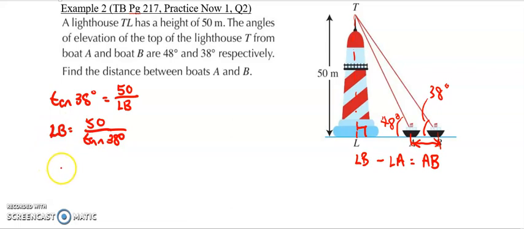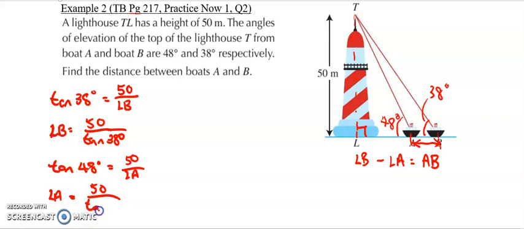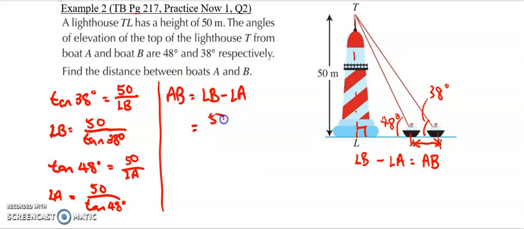For LA, tangent 48 degrees will be 50 over LA, so LA will be equal to 50 over tangent 48 degrees. AB will be LB minus LA, so we use 50 over tangent 38 degrees minus 50 over tangent 48 degrees.